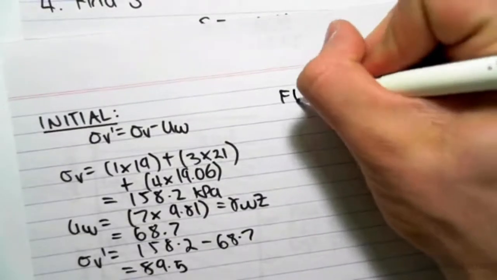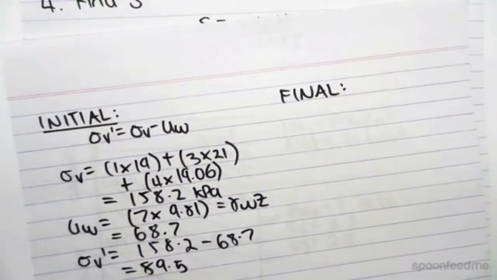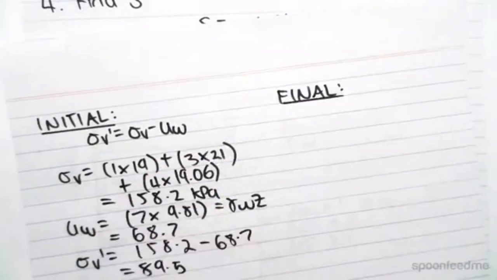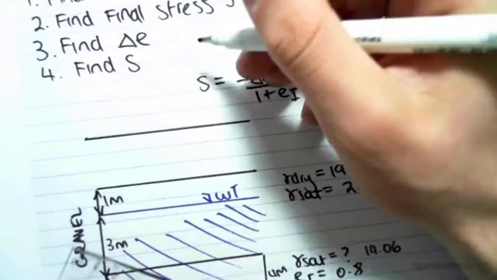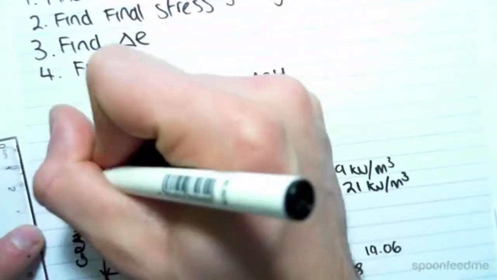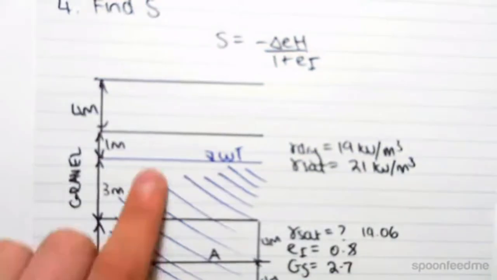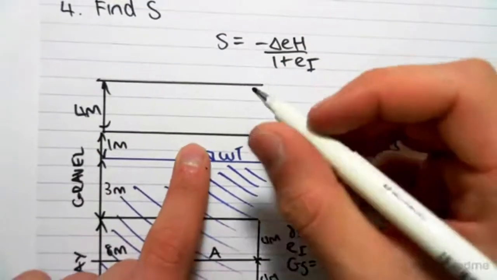Now for the final conditions. Let's say we come and put 4 meters of gravel on top of this. So we have an additional 4 meters of gravel above our initial surface.